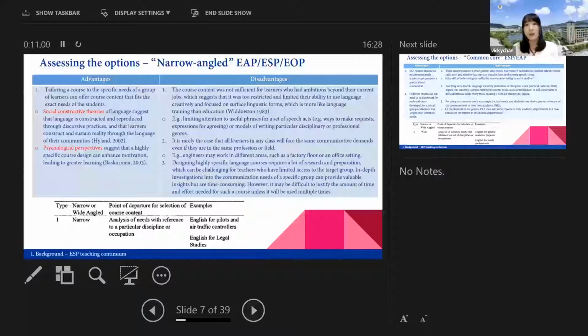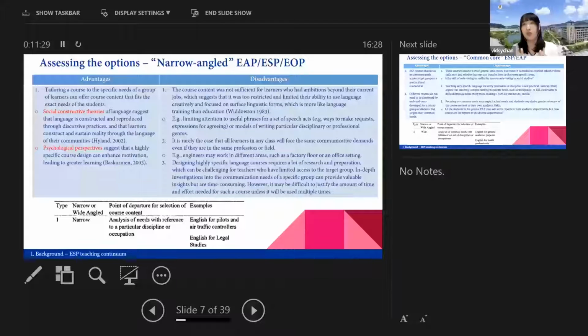However, there are also quite a lot of disadvantages of very narrow ESP design. And on the right-hand side, you can see three main disadvantages proposed by Basterman. So the first one, if we focus too much on the specific needs of the student, that might actually pose a constraint on the students in terms of the language use.